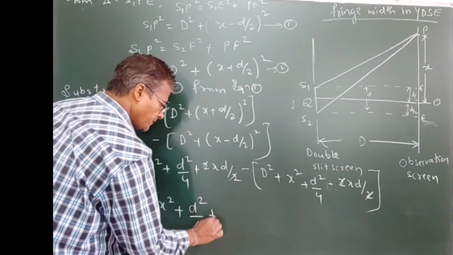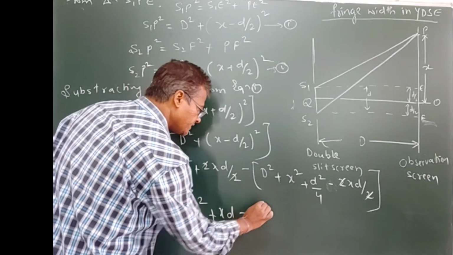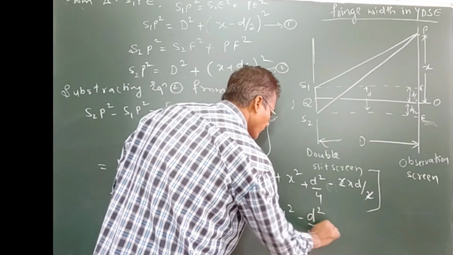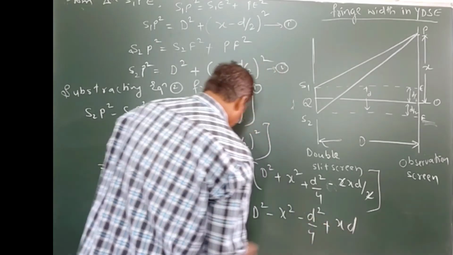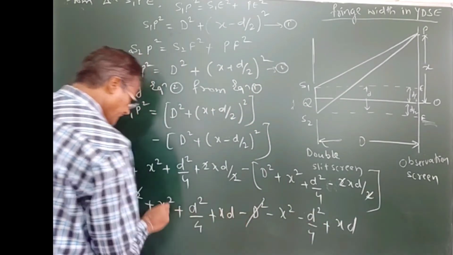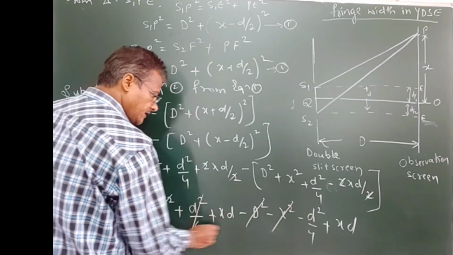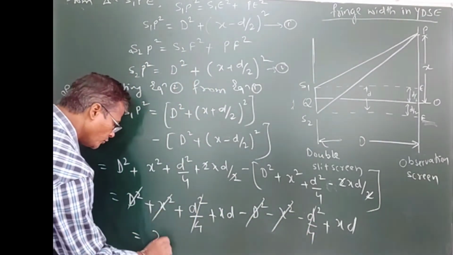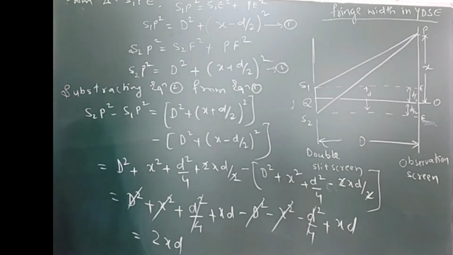So this one is plus xd minus d square minus x square minus d square by 4 plus xd. So this sign gets cancelled, this sign gets cancelled, and this sign gets cancelled. So x d plus x d, we are taking 2xd.